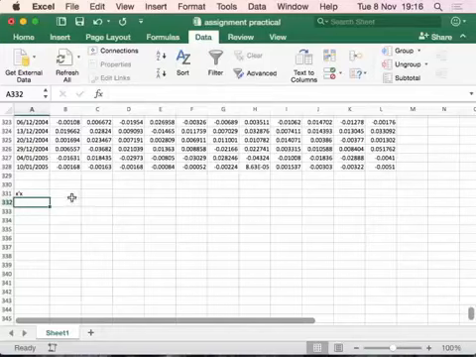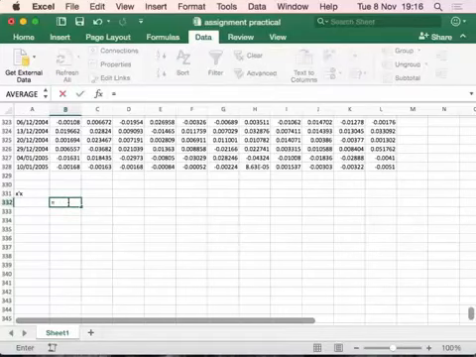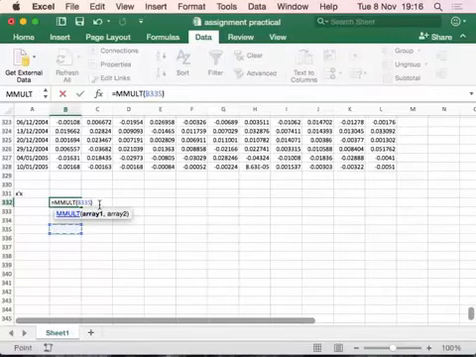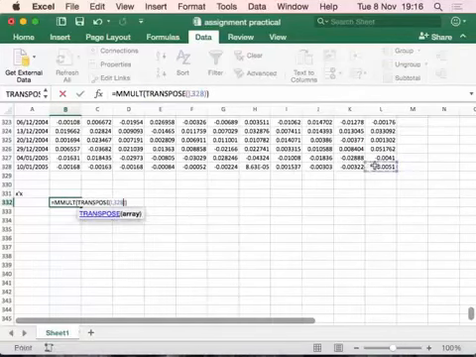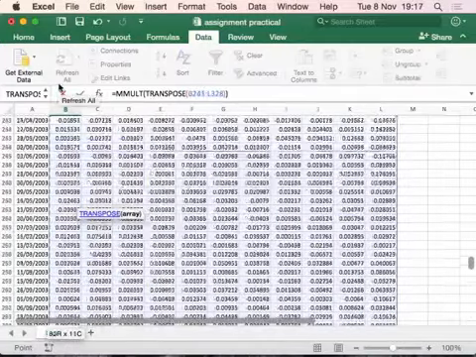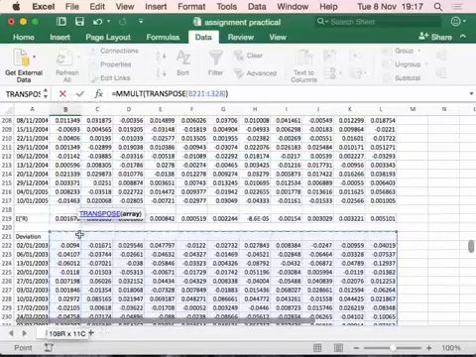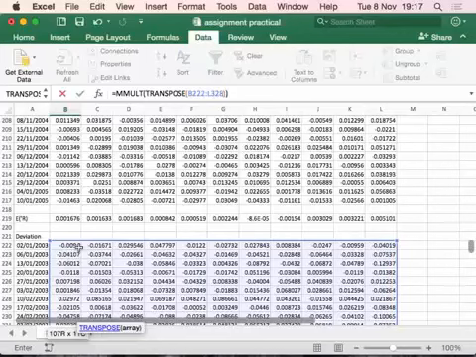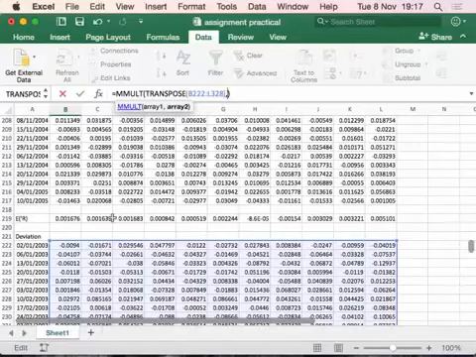MMULT means matrix multiplication, the formula. So I will transpose the returns, well, deviations, and multiply them by themselves.